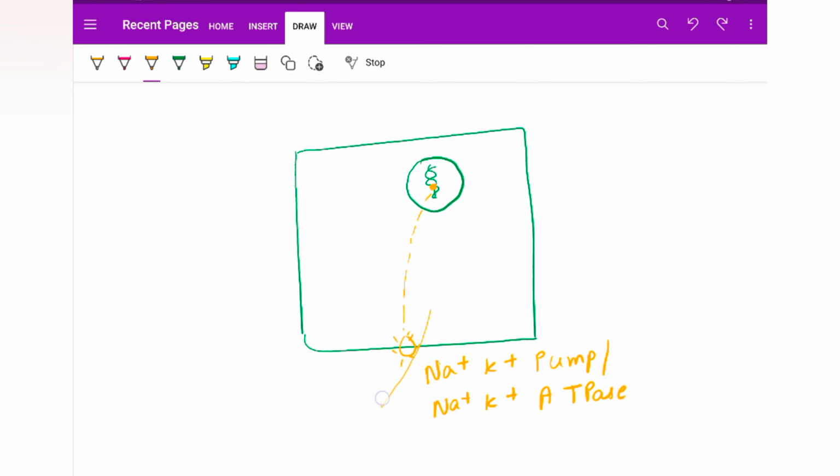What this protein does is, it keeps on throwing sodium outside the cell and it keeps on concentrating potassium into the cell. This protein keeps on pumping sodium outside despite the fact that there is already a lot of sodium outside. So it is pumping sodium against its concentration gradient, because the concentration of sodium is higher outside and it is still pumping sodium out.